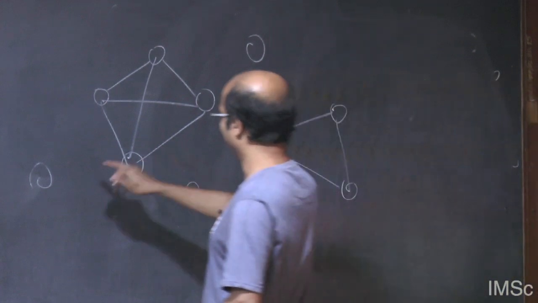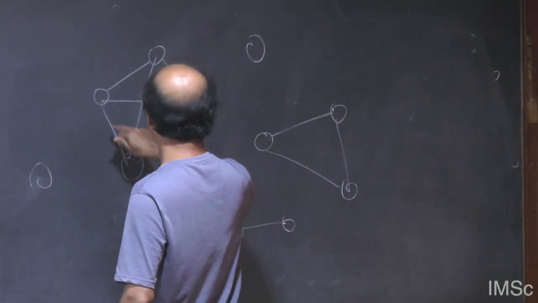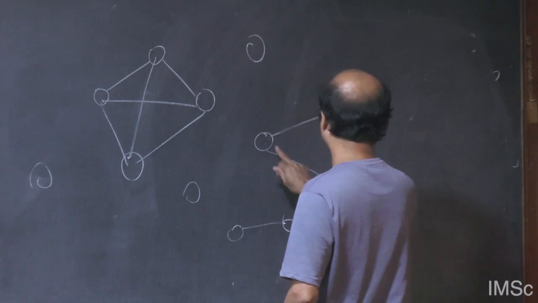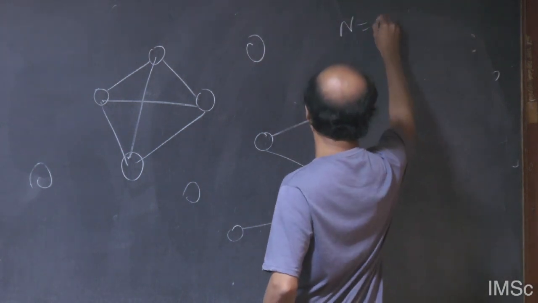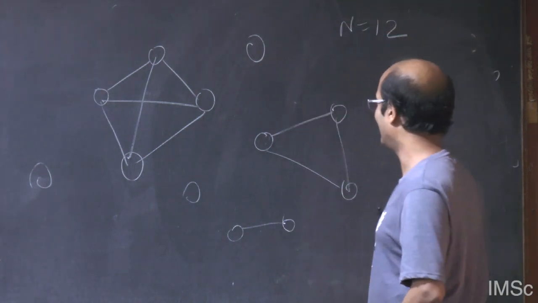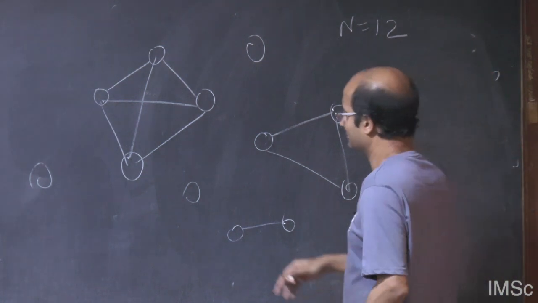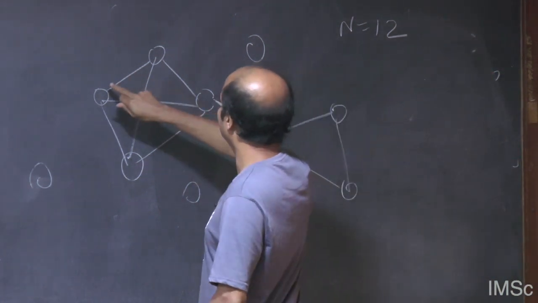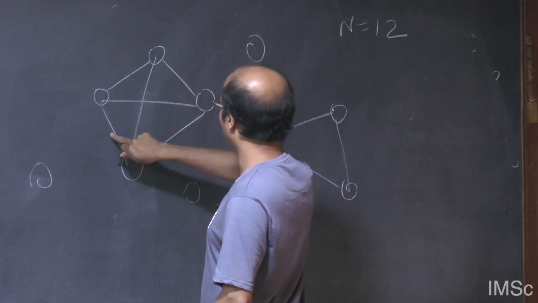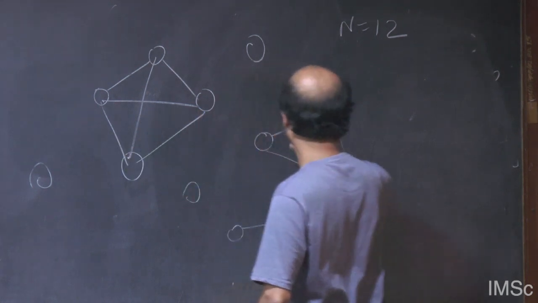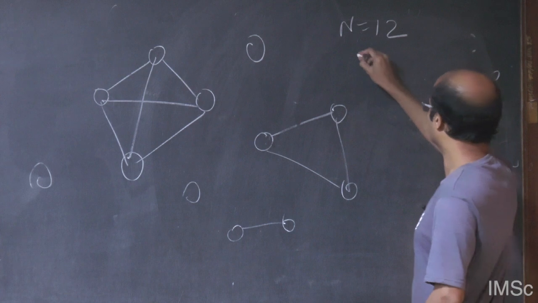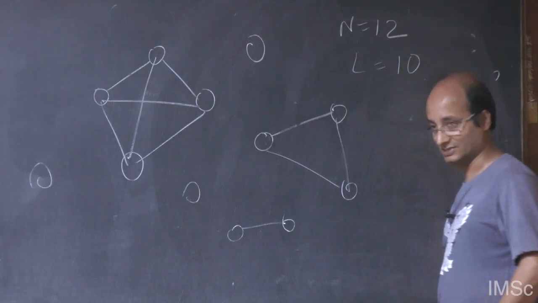So you can count how many nodes there are. So 1, 2, 3, 4, 5, 6, 7, 8, 9, 10, 11, 12. So you can say n equals 12, and you can even count the number of edges. So 1, 2, 3, 4, 5, 6, 7, 8, 9, 10. So you'll say there are 10 edges, okay?